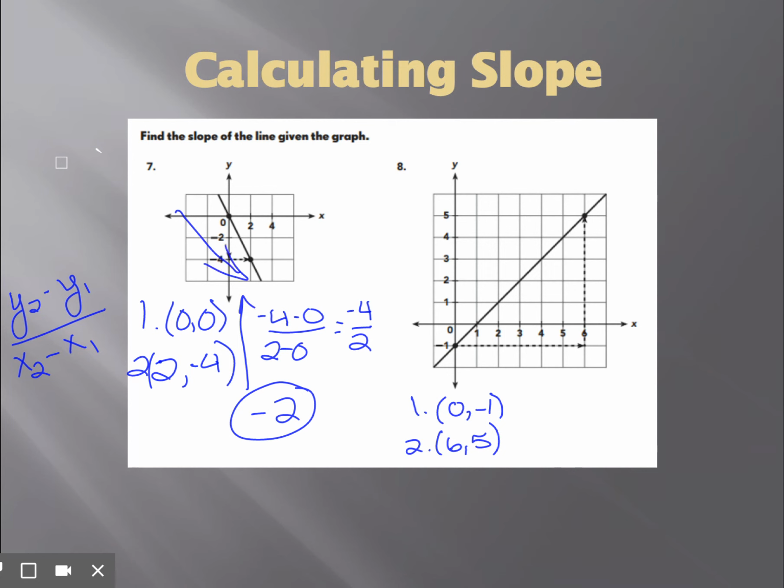For number 8, you should have done 5 minus negative 1 divided by 6 minus 0, which is 6 divided by 6, which of course is 1. So you'd have a slope of 1, positive 1, because your line is rising. It's going up towards the right. It's a positive slope.